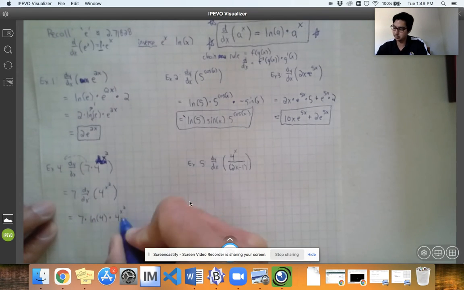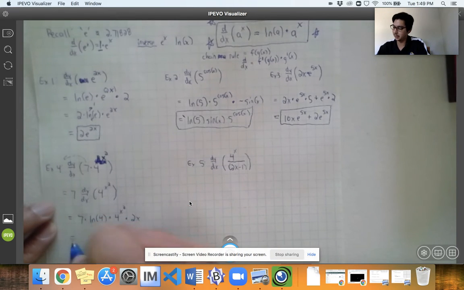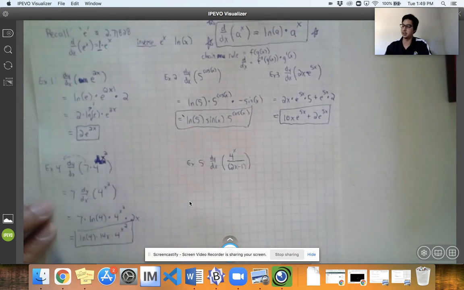But because of chain rule, take the derivative of the outside, leaving the inside alone, times the derivative of the inside, which is going to be 2x there. So cleaning that all up, I would have natural log of 4 times 14x times 4 to the x squared. And that's the derivative function of that.